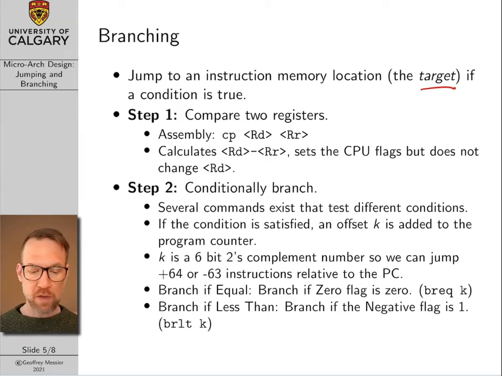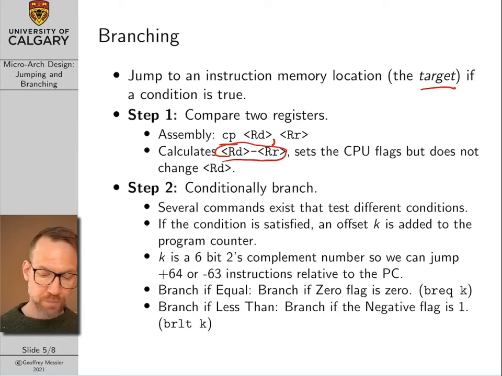The first is a compare command that compares 2 registers. The format for the assembly language is CP for compare, and then the 2 registers that we want to compare, with a comma between those 2. Basically, the way this is implemented is the microarchitecture subtracts these 2 numbers, takes the difference, and then sets the CPU flags, but does not change register RD.